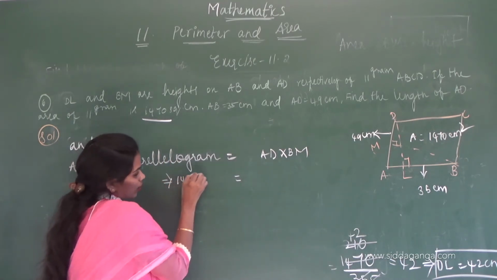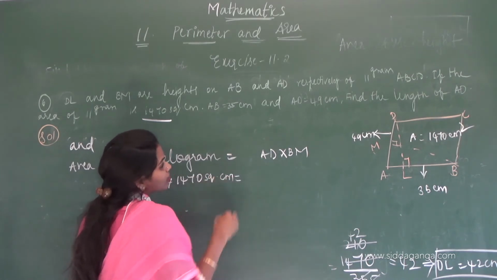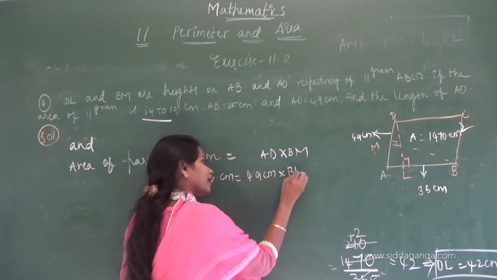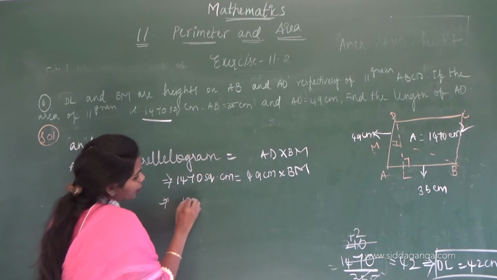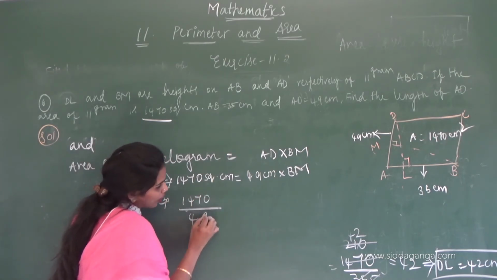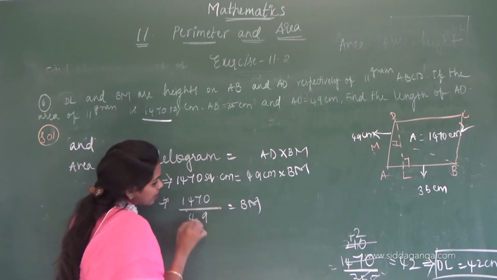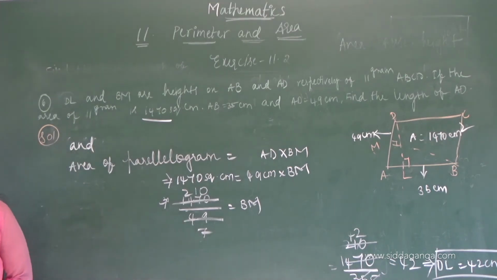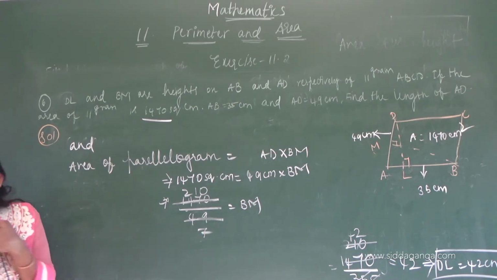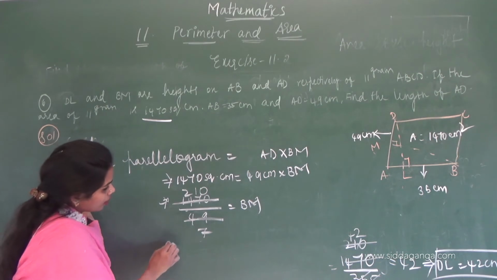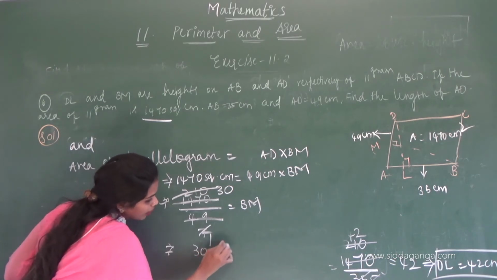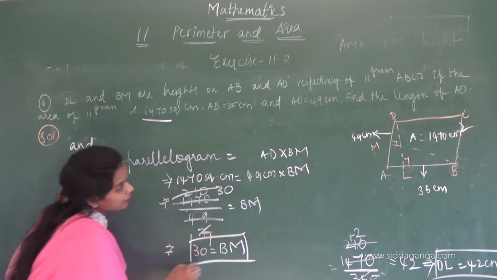We know that 1470 square centimeter is the area, and what is the value of AD? 49 centimeters into BM. That implies 1470 divided by 49 equals to BM. Just cancel it with 7. 7 sevens are 49. And then 7 ones are 7, 30s are correct. 30 equals to BM.